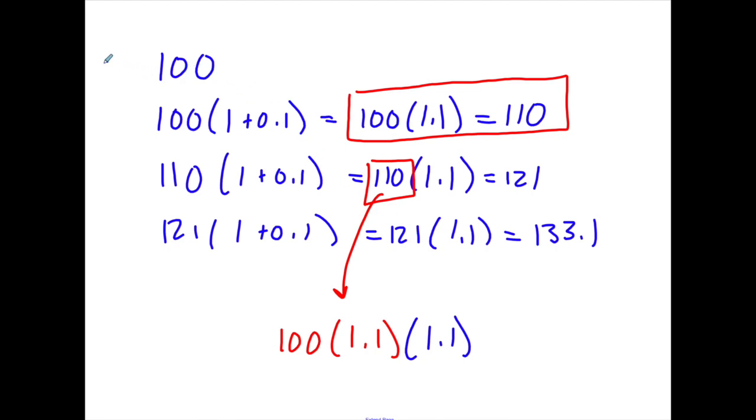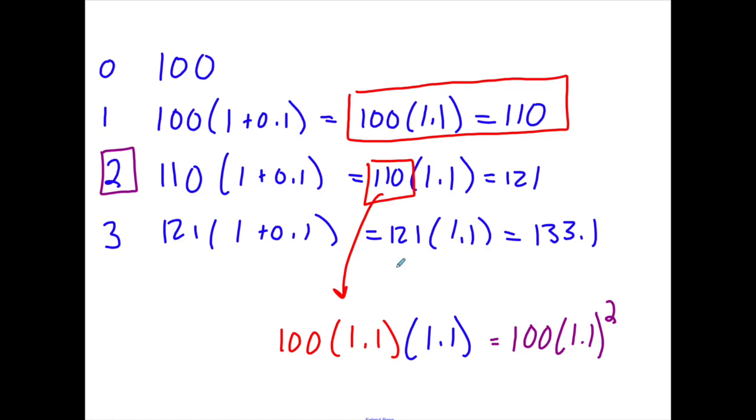And remember, this is month 0, this is month 1, this is month 2, this is month 3. Just keep that in mind. What happens though? What just happens here? I have 100 times 1.1 times 1.1, and that's 100 times 1.1 squared. And so notice in month 2, I get 100 times 1.1 squared.